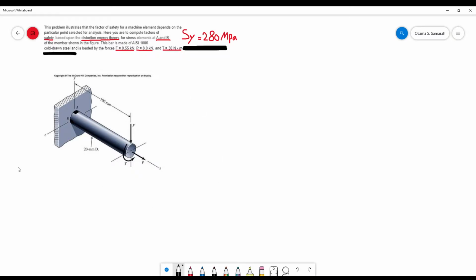For this problem, the first thing we have to do is to draw the stress elements A and B. Here's the stress element A, and it's going to experience sigma and the shear stress.